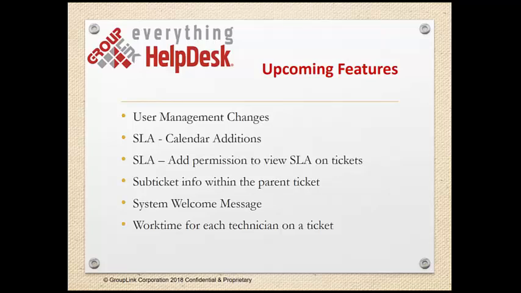So if you want to see the category option, the subject, the created dates, the modified dates, all of that is going to be up to you. You can leave it as it is and just see the ticket number and the subject of that. And then, of course, you'll always be able to click in and view the ticket. But it will be up to you now as far as what your technicians will see in there.